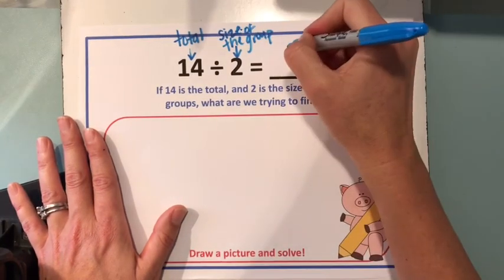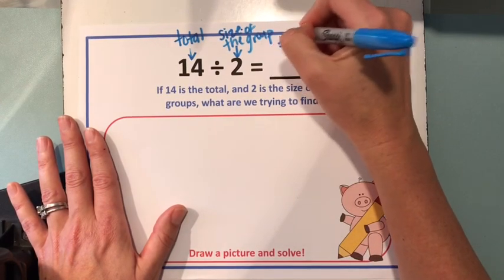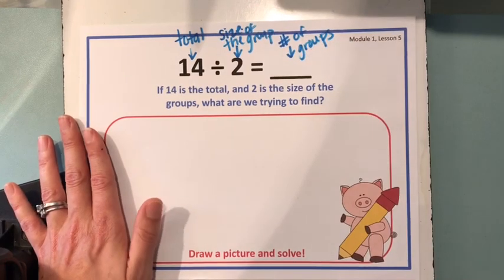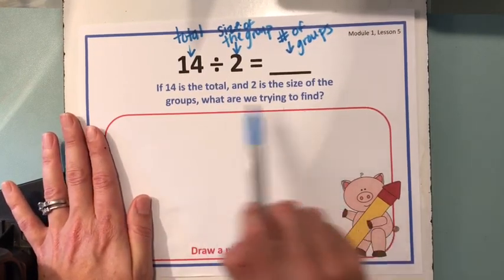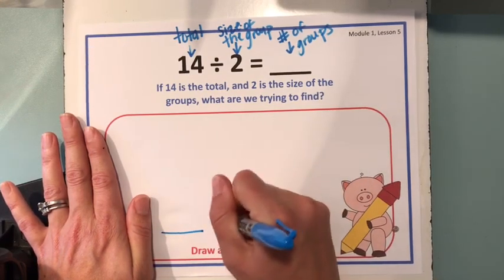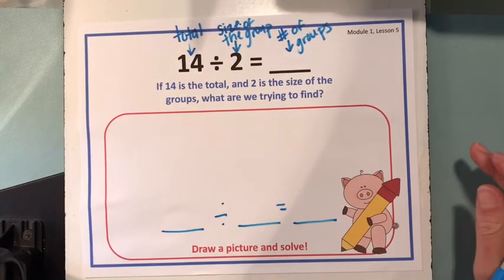And what does the unknown represent on my snap? The number of groups. Excellent. Okay, so you're going to solve for this. I want you to draw a picture and then do your number sentence down here on the bottom. Pause the video.